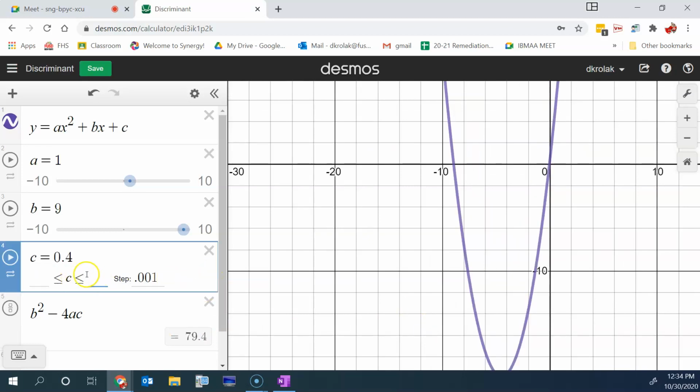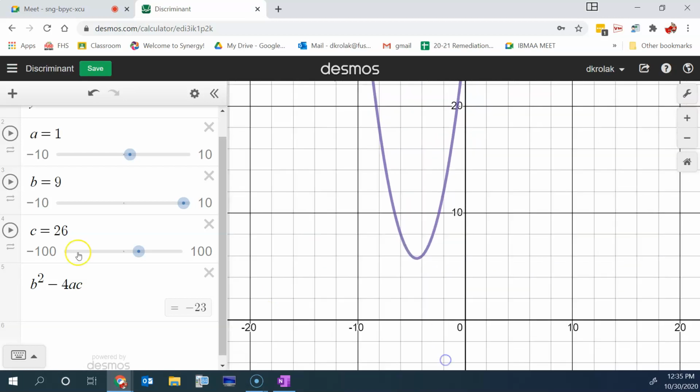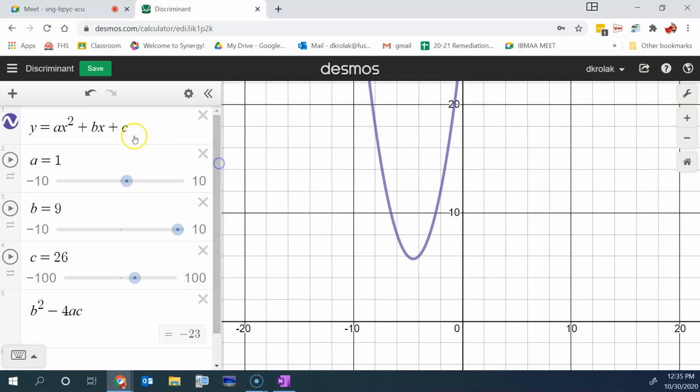So I'm going to make this negative. So right now, if you watch this, watch when it starts to have 2 roots. Right now, C is at 26. In our problem, C is K. That's the constant.